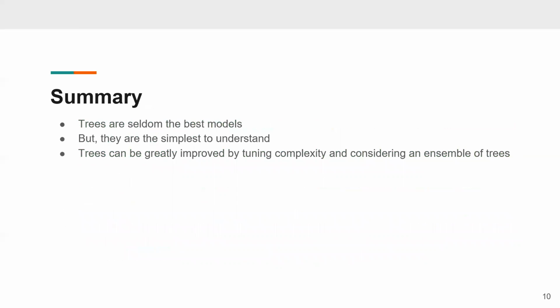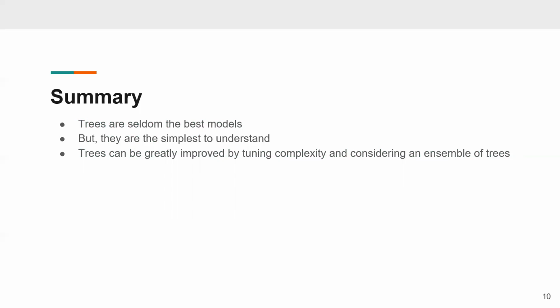So as a summary, trees are seldom the best models, but they are the simplest to understand. Trees can be easily improved by tuning complexity and considering an ensemble of trees, which would be our discussion of ensemble methods and random forests coming next.